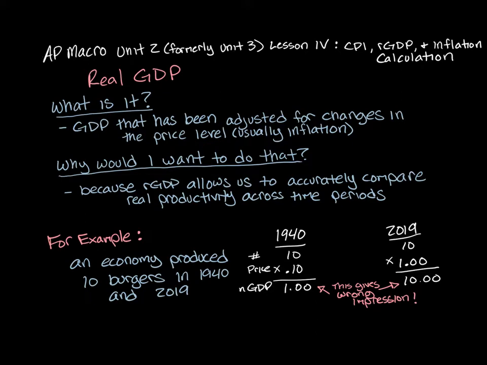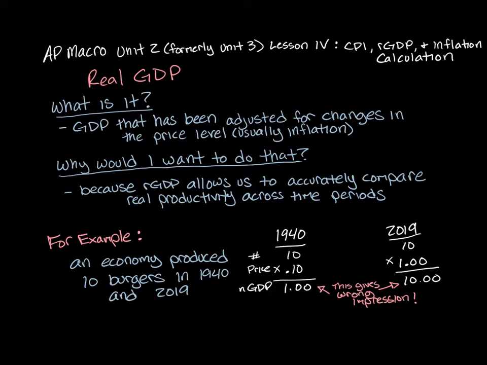So presuming that in 1940 we produced 10 burgers and in 2019 we produced 10 burgers, our nominal GDP figure for 1940 would be $1, price times productivity, and in 2019 it would be $10. So if I'm comparing nominal GDP, it's going to look like we were 10 times more productive in 2019 than we were in 1940. And as you can tell looking over here, and based on our previous discussion, that is absolutely incorrect. So this is the reason we need to adjust for real GDP.